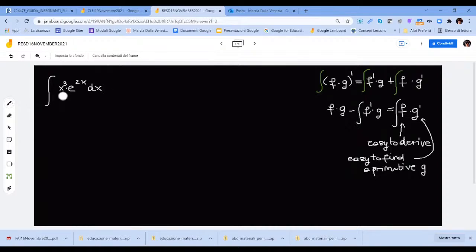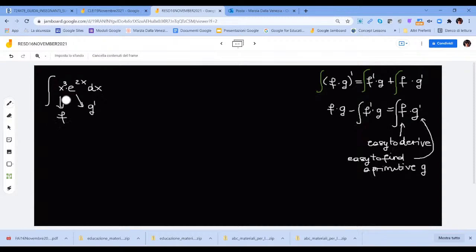Because if you use x to the third as g prime, you should find a primitive of x to the third, that is x to the fourth power divided by 4. And this is nonsense because we have something more difficult. I hope that it is clear.